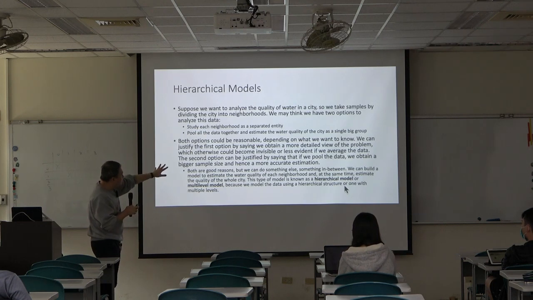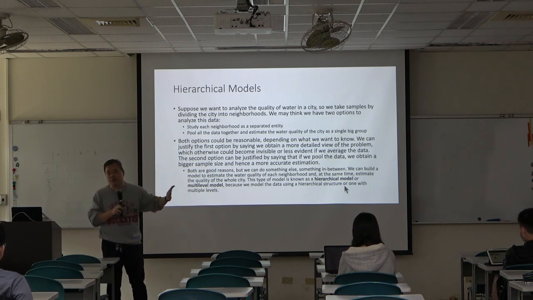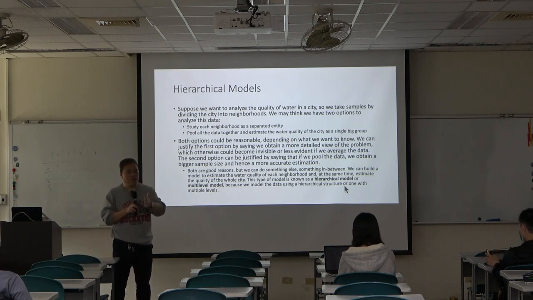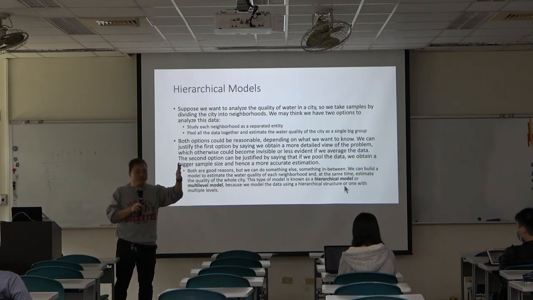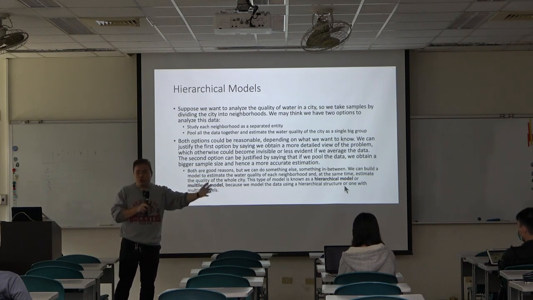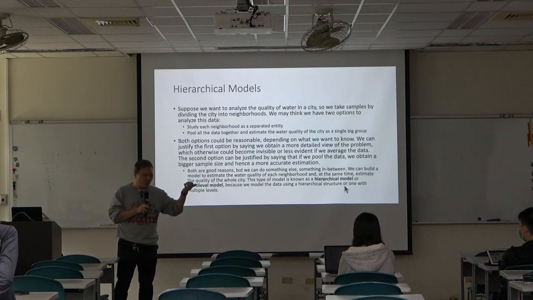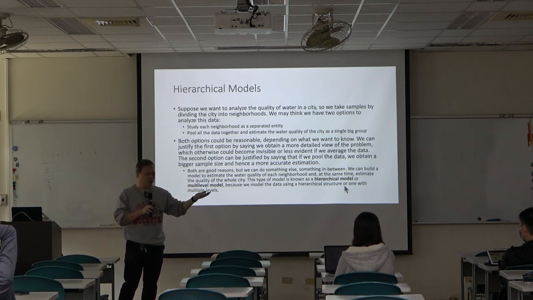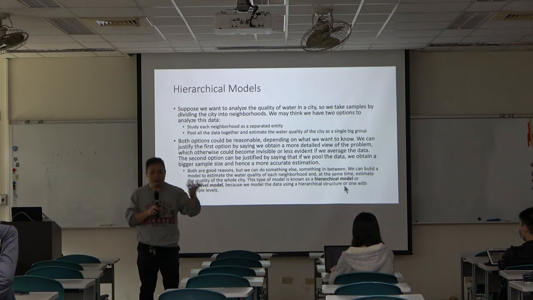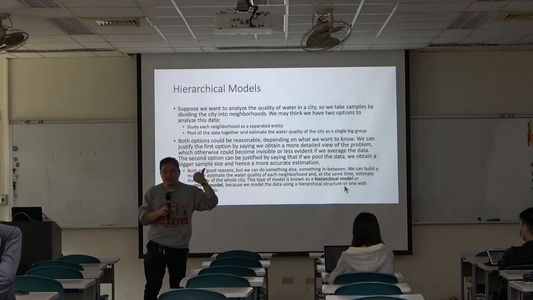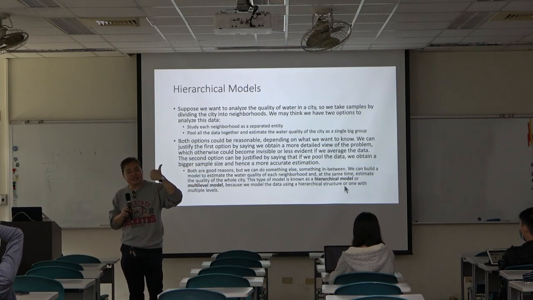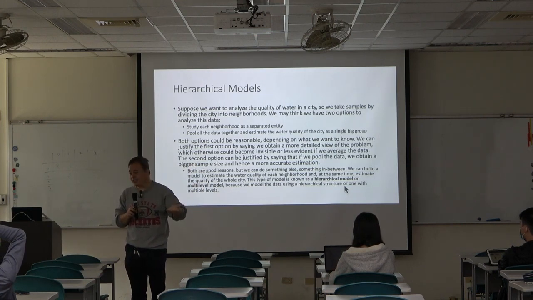The first option allows you to see the differences between neighborhoods, because you are analyzing the water quality of different neighborhoods. So you are able to identify which neighborhood has better water quality and which has inferior water quality. Remember the group comparison technique that we just discussed, so we can do that.